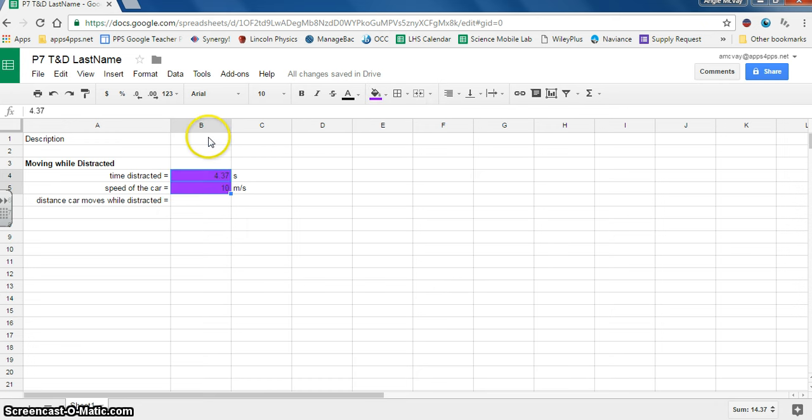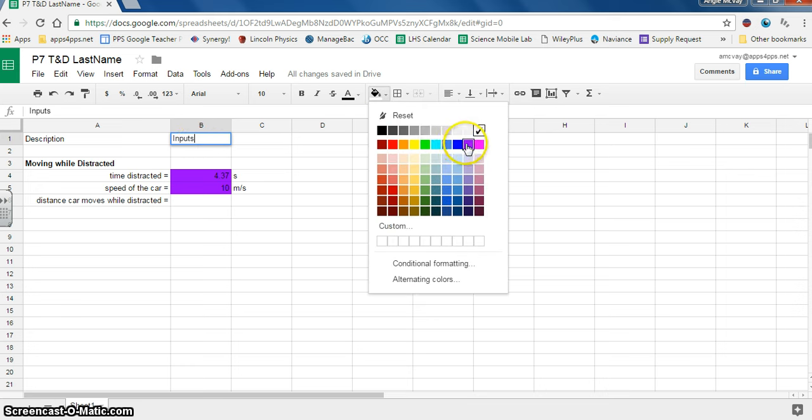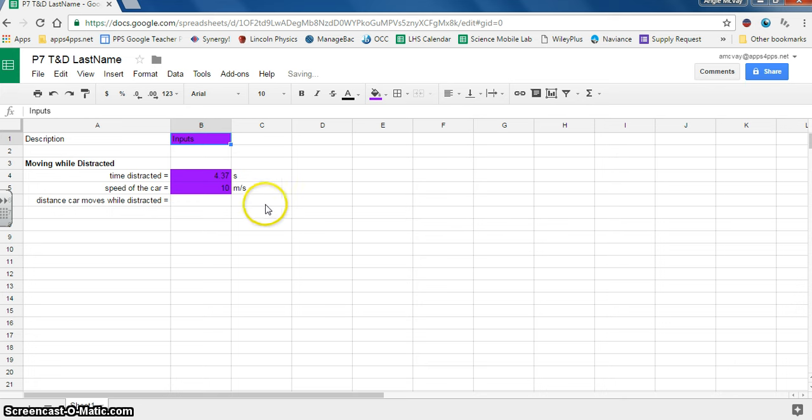Okay, and then I'm actually going to, up above here next to the description, make a box that says input, okay, and I'm going to actually also color that purple, okay, so that a user knows anything that's purple, they're expected to put in their own numbers.